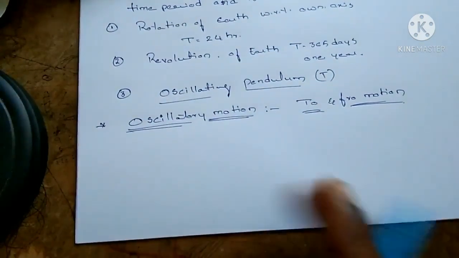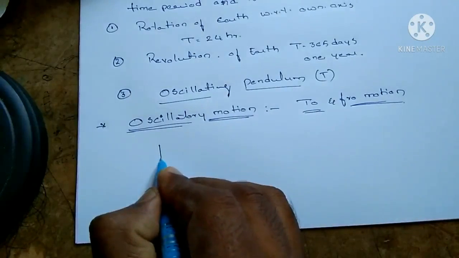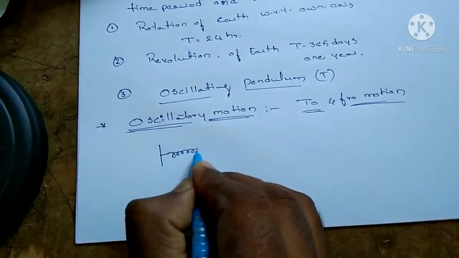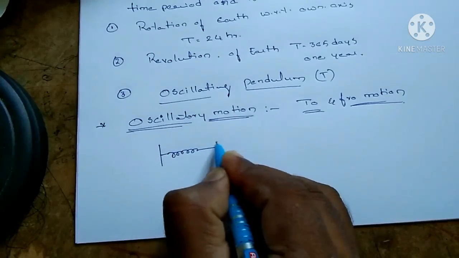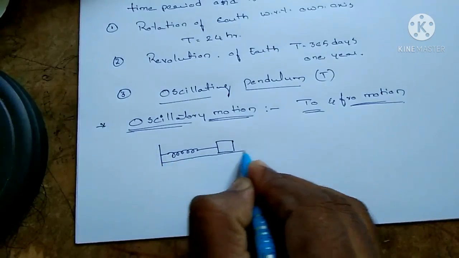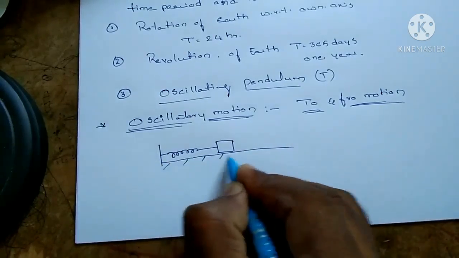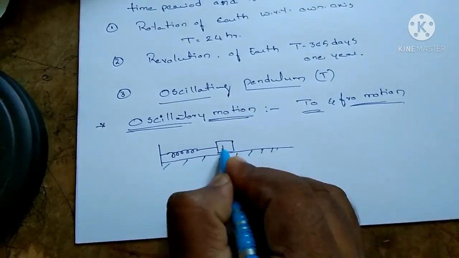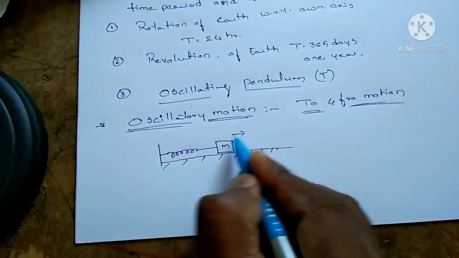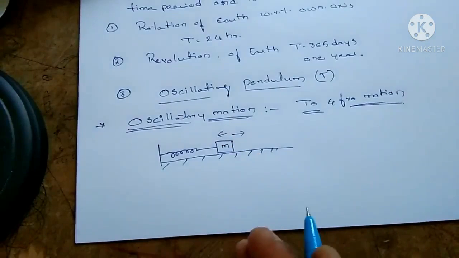So we can see some examples. Consider a spring attached to a certain mass, resting over a smooth horizontal surface. Let the mass be m, and if I pull it or push it, and leave, what will happen?